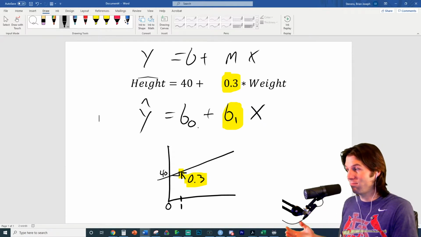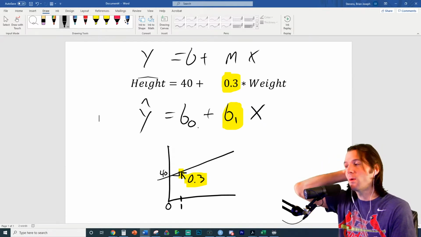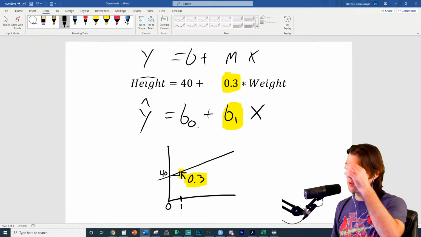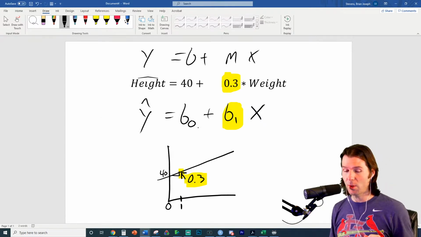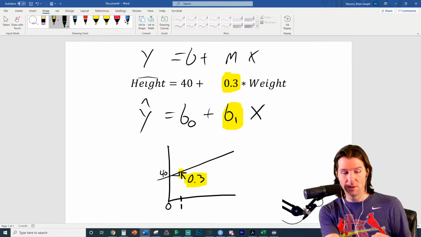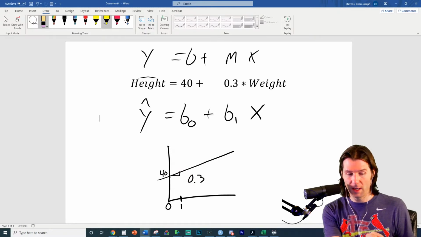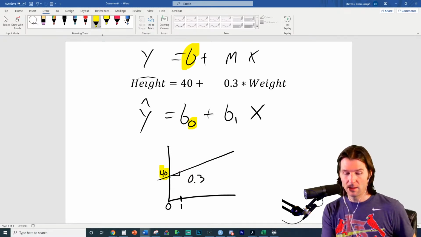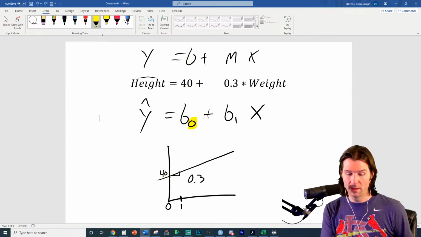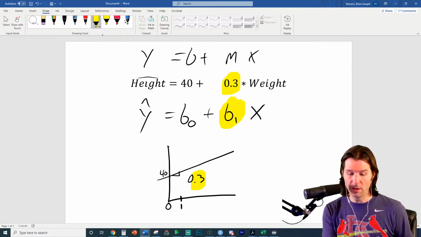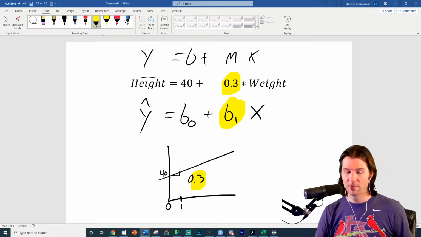Knowing the notation is key here: b0 is the intercept, it's when x is equal to 0, and b1 is the slope, and it's for each 1 unit increase in x.